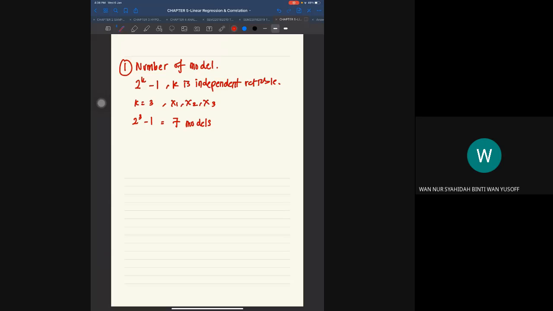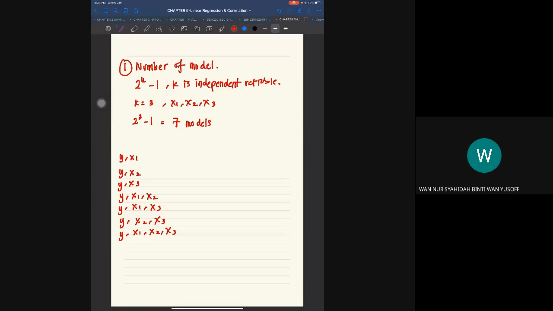So these 7 models are combinations of Y with X1, X2, and also X3. Which means you will have Y, X1; Y, X2; Y, X3; Y, X1, X2; Y, X1, X3; Y, X2, X3; and also Y, X1, X2, X3.